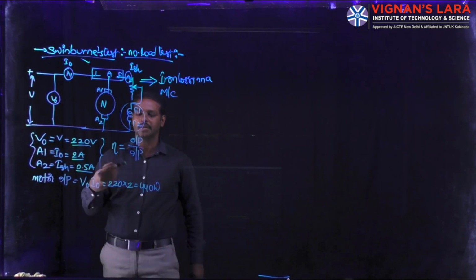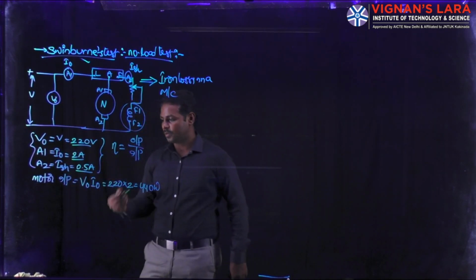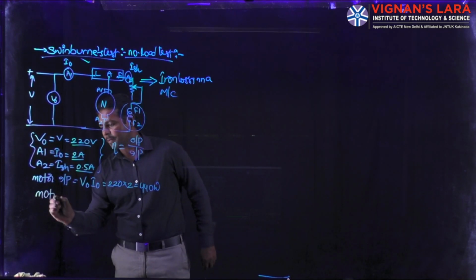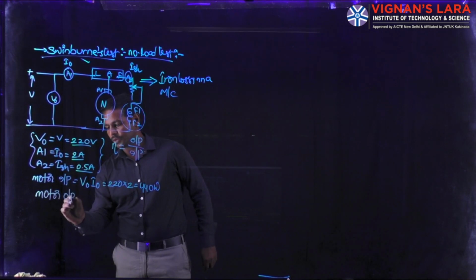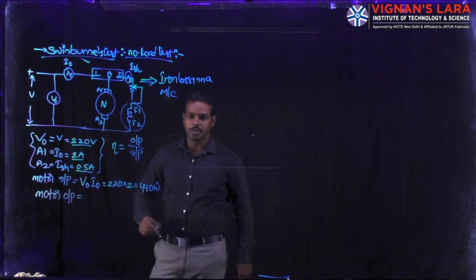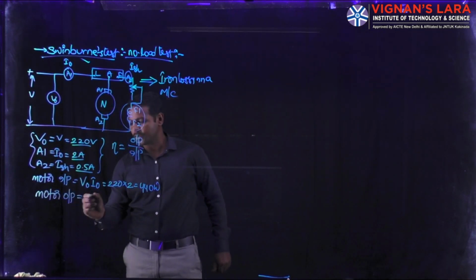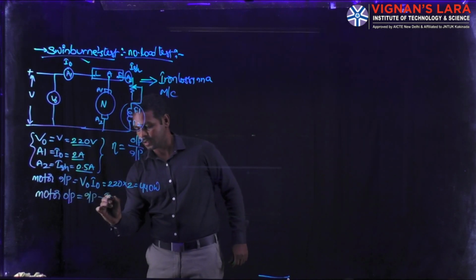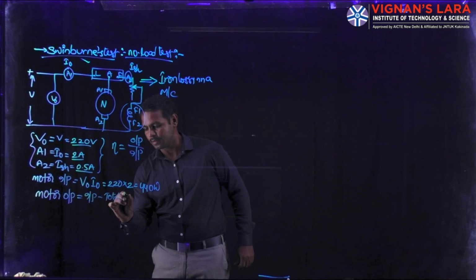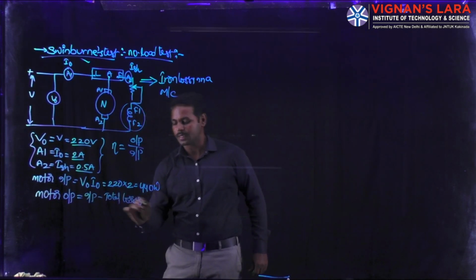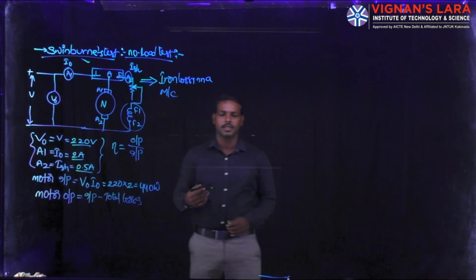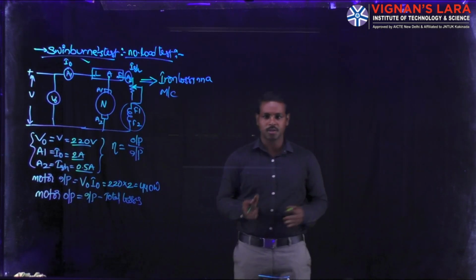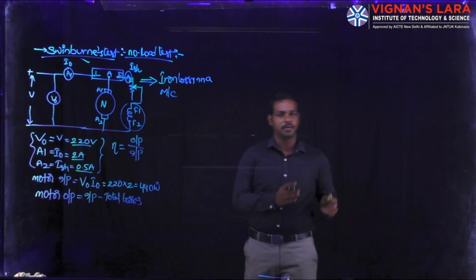So how to calculate the motor output? Motor output is equal to input minus total losses. Last class also we were discussing the losses in a motor. Losses are broadly classified into two types: constant losses and variable losses.